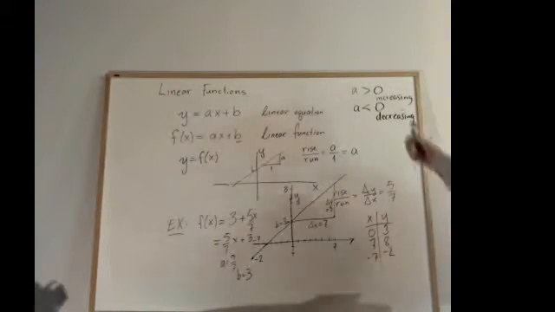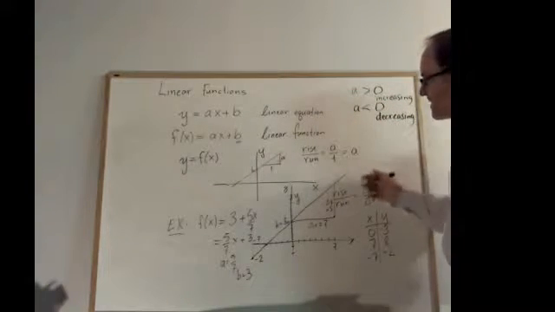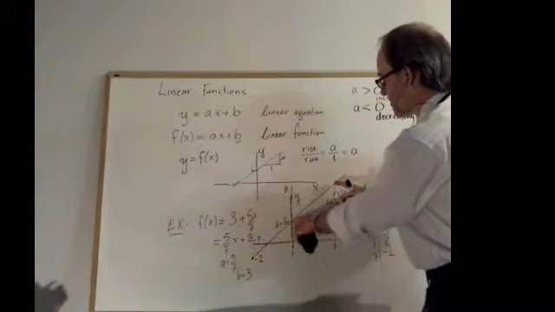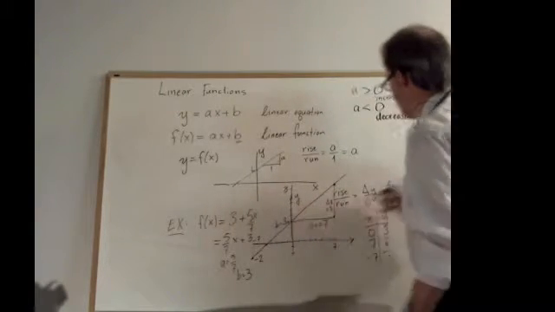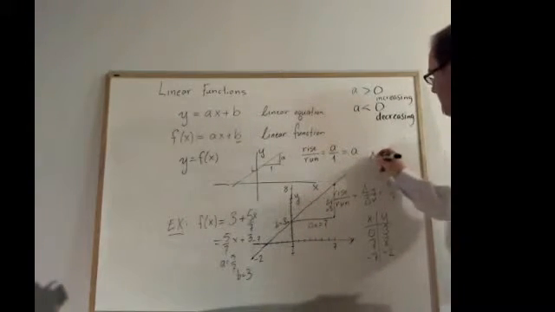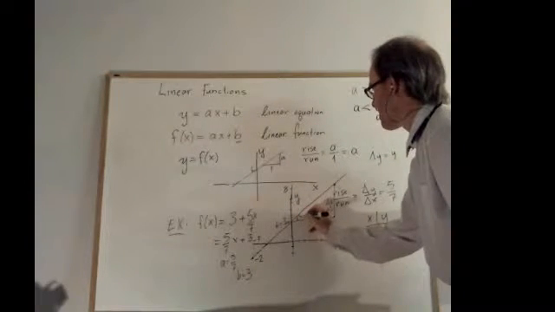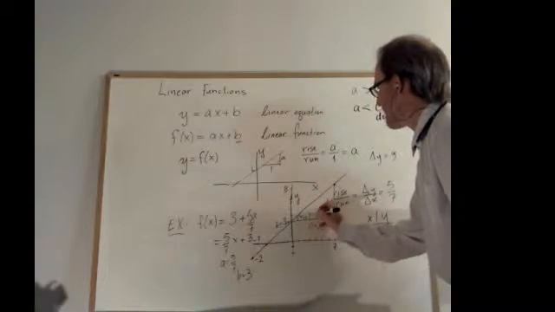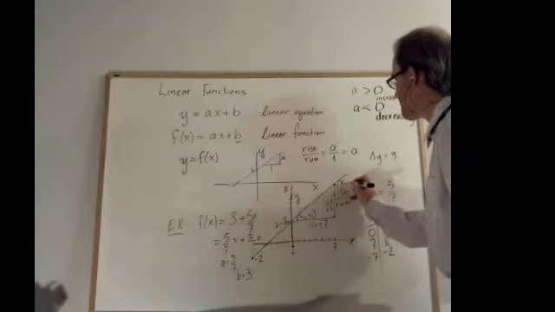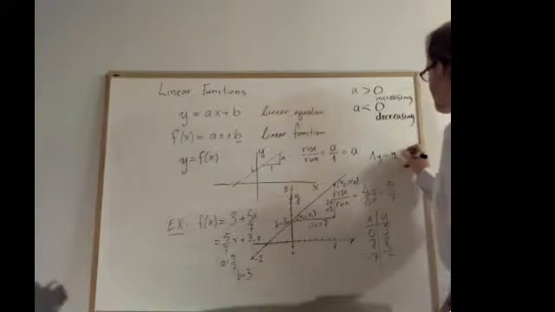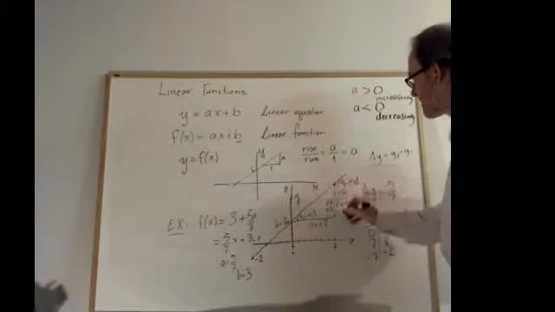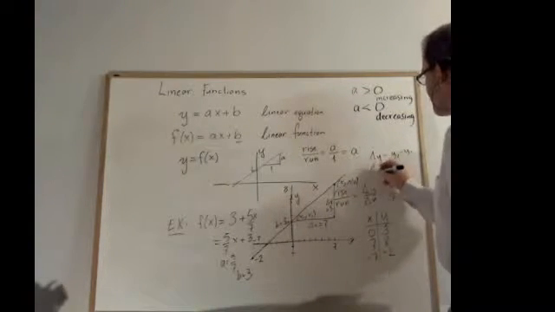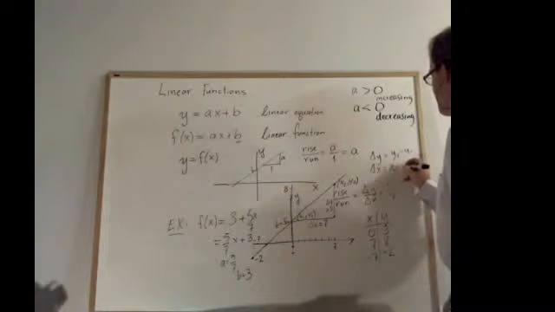Okay, and remember, the slope is independent of the points I choose. I can choose 2 points here to find the slope. That's what I mean by delta y. I take the coordinates of the first point, which are x1 and y1, and the coordinates of the second point, x2, y2, and then delta y is y2 minus y1. That's the height of this right angle triangle, and delta x is x2 minus x1.